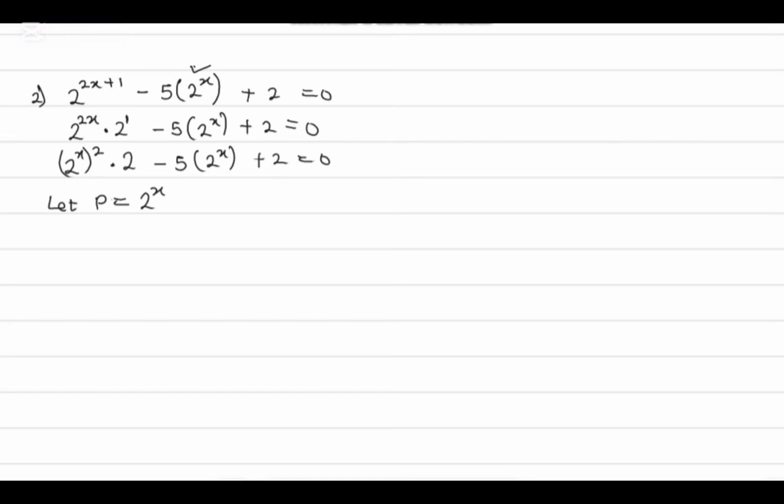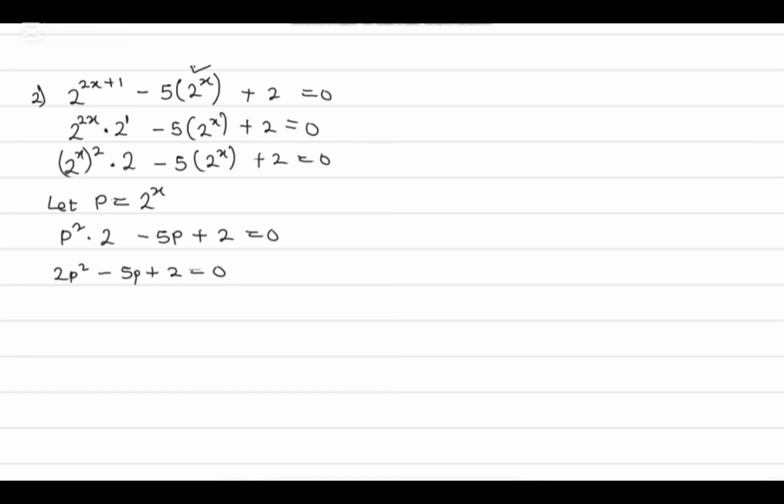And then I will have p squared multiplied by 2 minus 5p plus 2 equals 0, that's 2p squared minus 5p plus 2 equals 0.